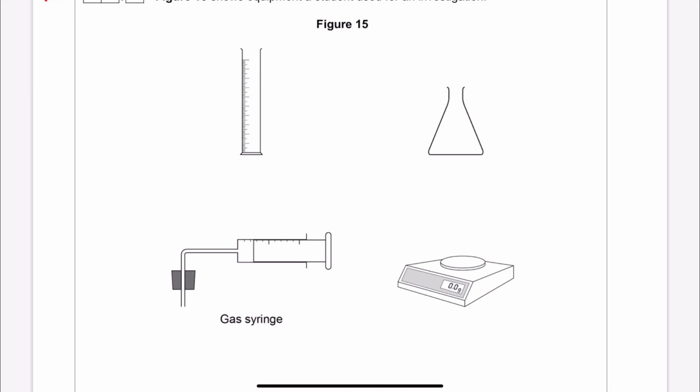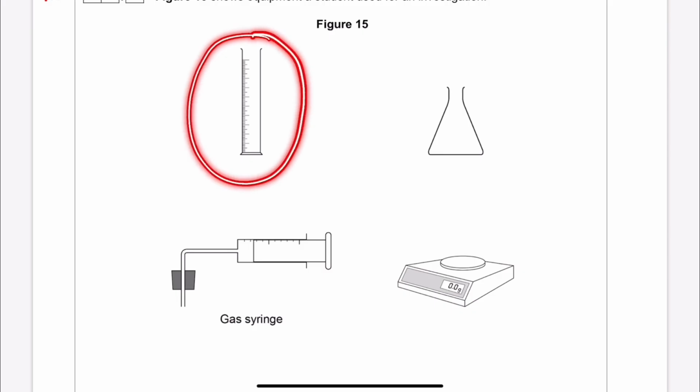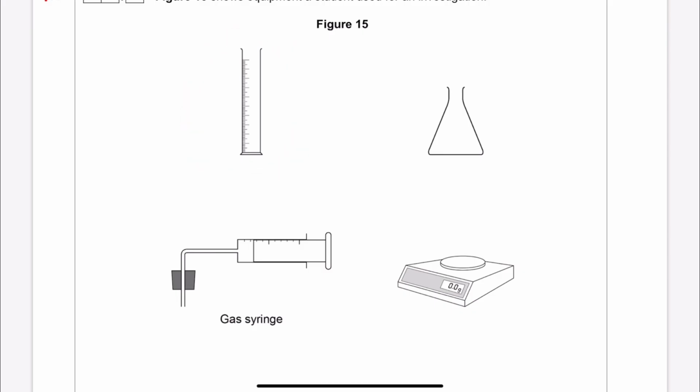Leave the gas syringe for a fixed time, like 5 minutes, 10 minutes or 20 minutes, and measure the volume of carbon dioxide produced for each mass of calcium carbonate. The student needs to remember that the volume of hydrochloric acid is fixed for each experiment. Let's see the model answer.